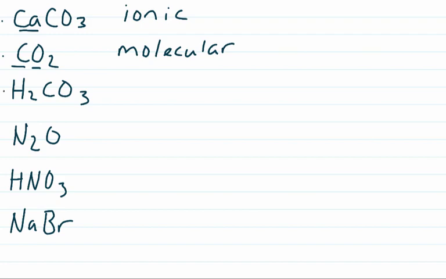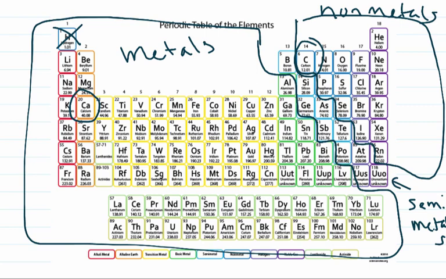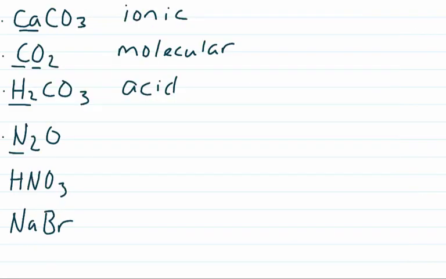If we look at our third one here, it starts with an H. That automatically makes it an acid, and we don't have to do any more work. If we look here, the first element listed is N for nitrogen. We can find nitrogen on our periodic table here, right next to carbon. That's firmly in the nonmetal section, so that makes this also a molecular compound.